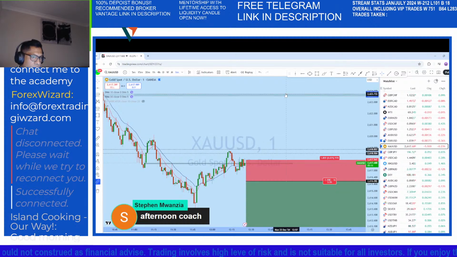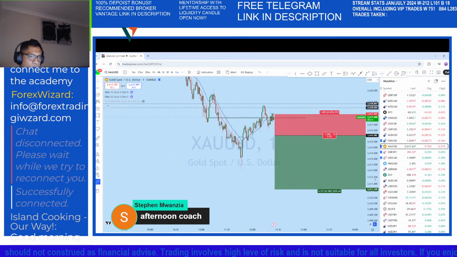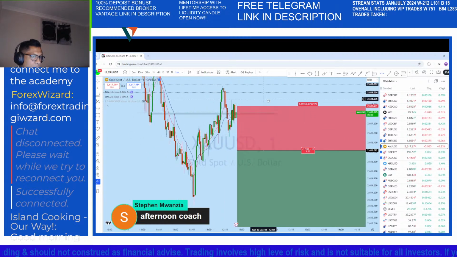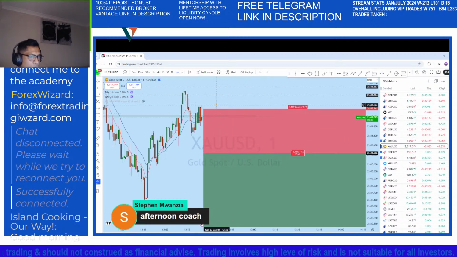Looking at gold on the lower time frame, 1 minute chart. Long wick doji.